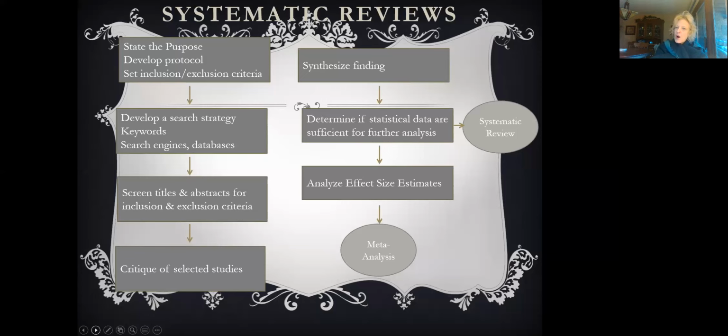But if they're quantitative studies that have looked at differences between groups on an intervention, even if you don't find what you need in the article, you might reach out to the authors and ask them for more information and include them in a meta-analysis whenever possible.